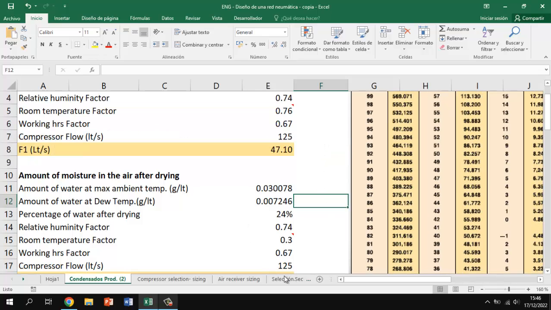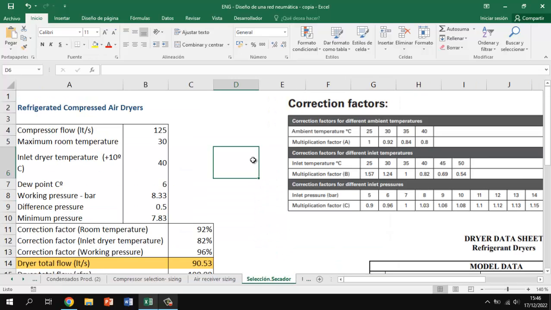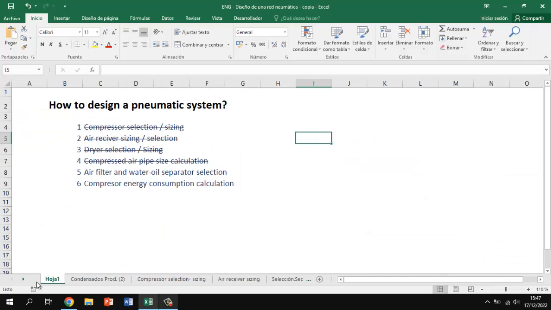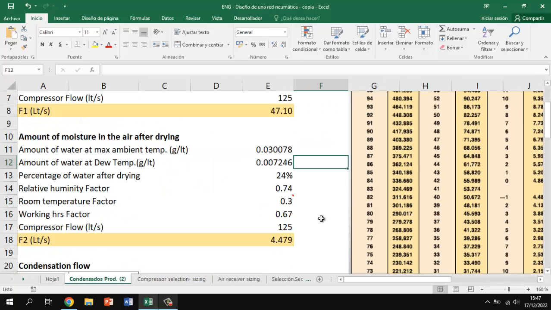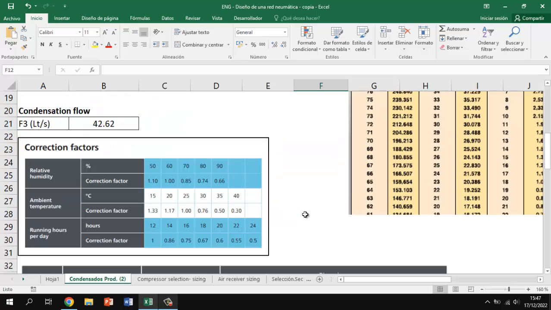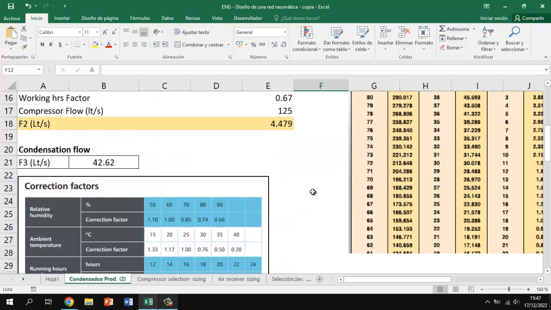Remember, as we said for our dryer selection, the inlet dryer temperature, you should consider 10 degrees above your maximum room temperature. That's the reason why here I consider 40 degrees. For 40 degrees it's 30%.